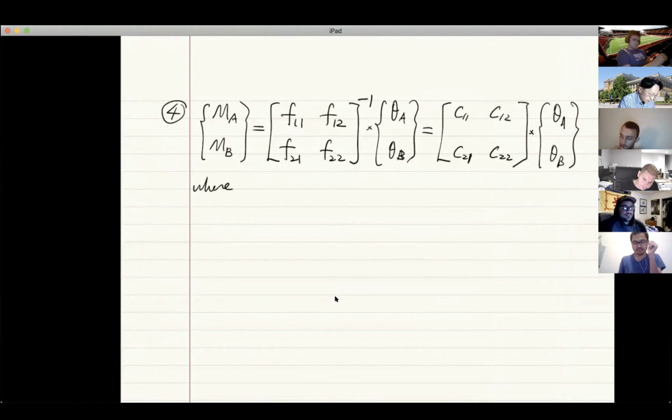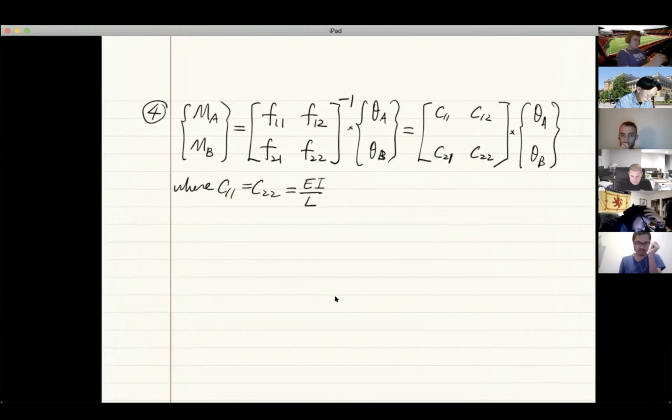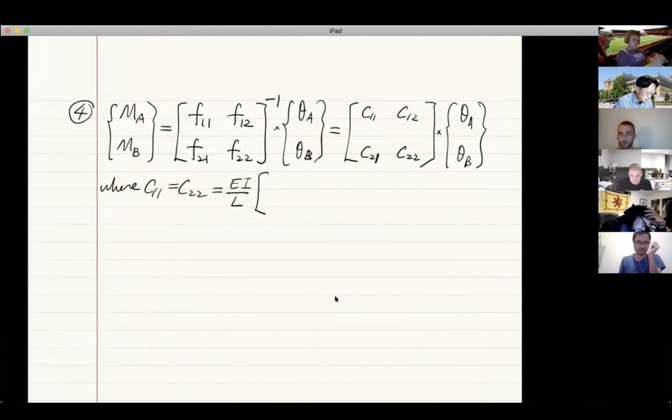Of course, because the flexibility matrix is symmetric, its inverse should also be symmetric. That means C11 equals C22. That equals EI, you can see the flip of the coefficients here, times this whole thing. It's a little bit lengthy, but it's not that complicated.